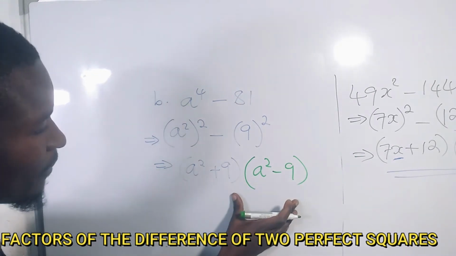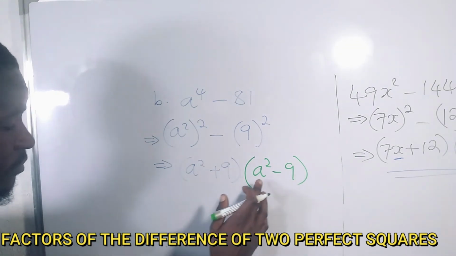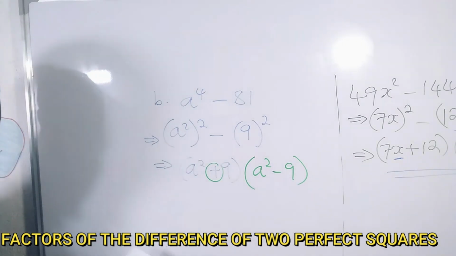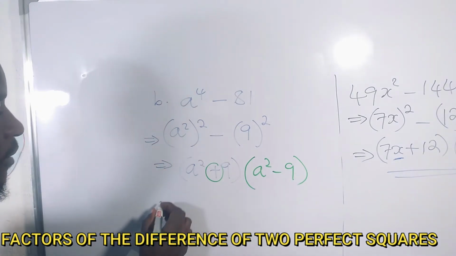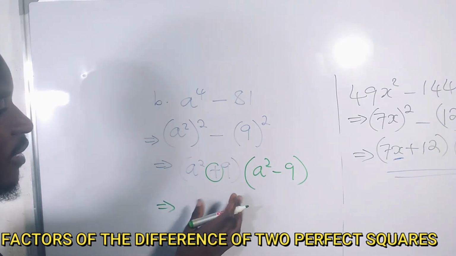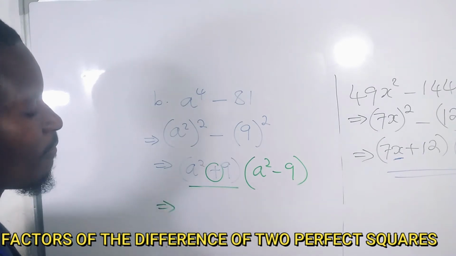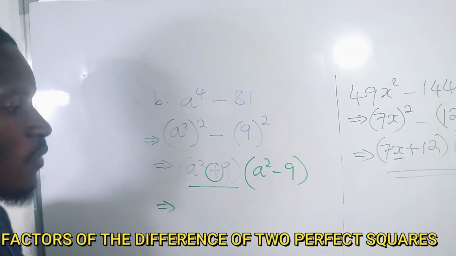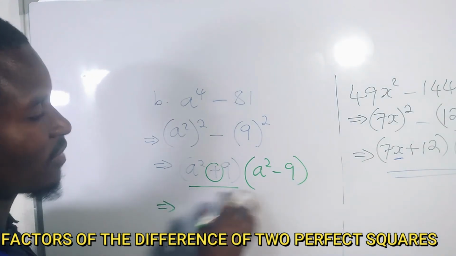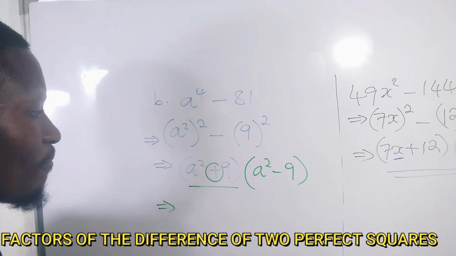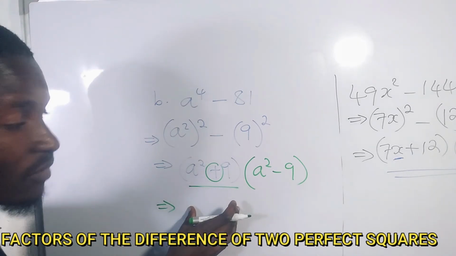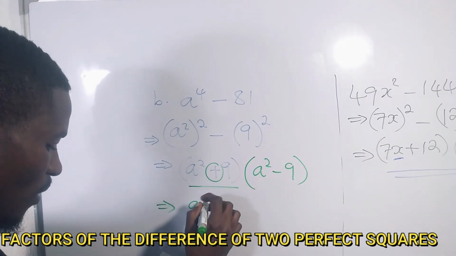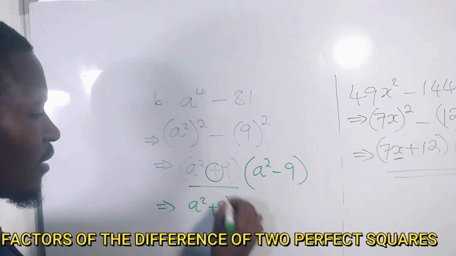So what has just happened is that we have taken one part, which is the a squared. Now, what you need to understand is that this one is not a difference of perfect squares. This one cannot factor into integers of perfect squares, so you bring it down as a squared plus 9.